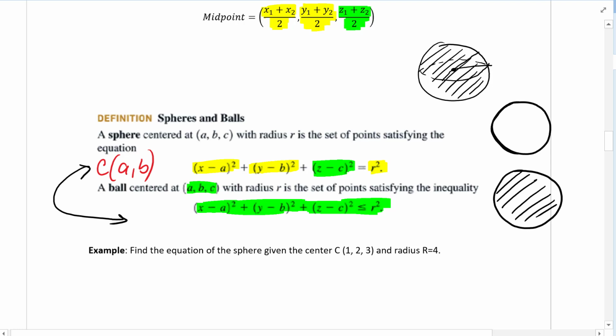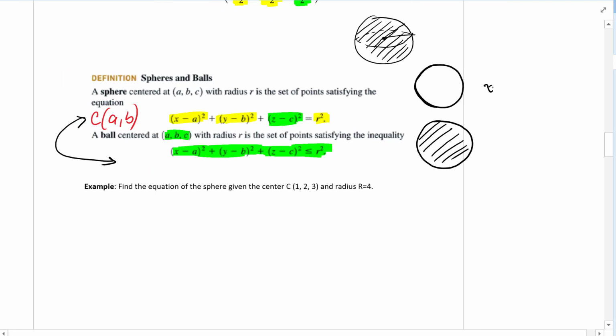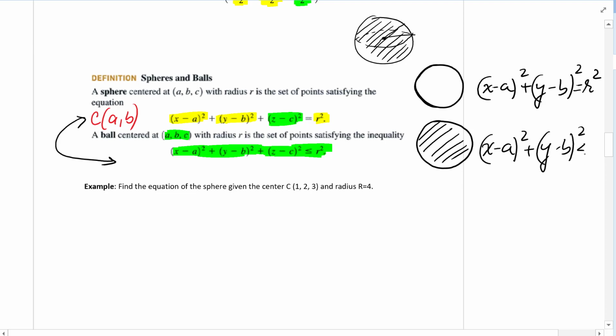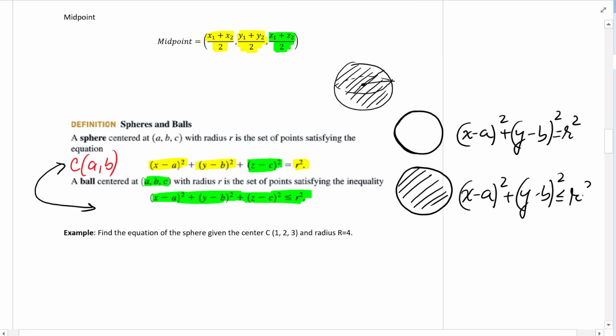So for a circle you would say (x minus a) squared plus (y minus b) squared equals r squared. That would be the equation of the circle. And the equation of the disk would be (x minus a) squared plus (y minus b) squared less than or equal to r squared, to include all these points in here.